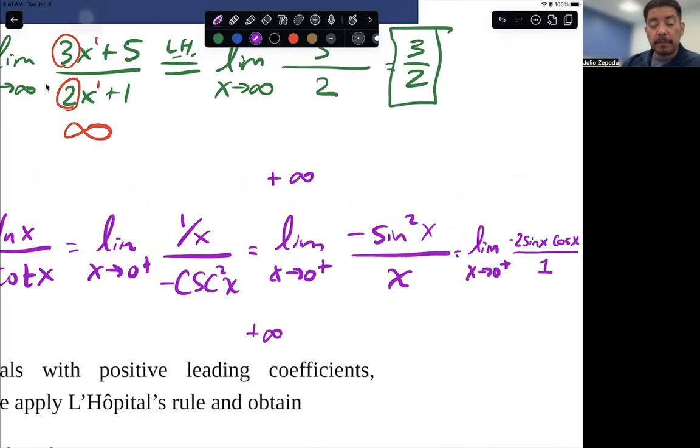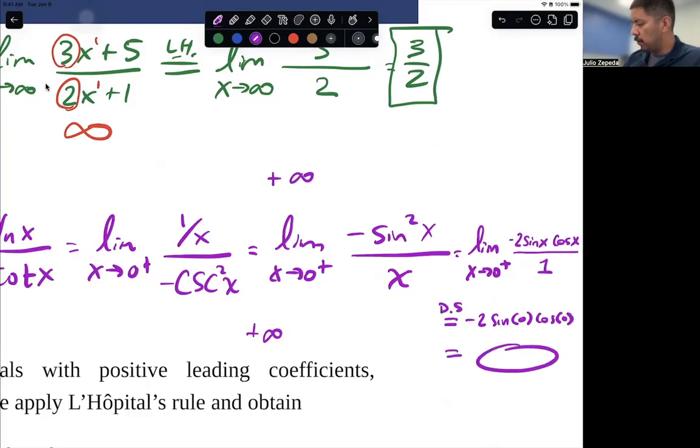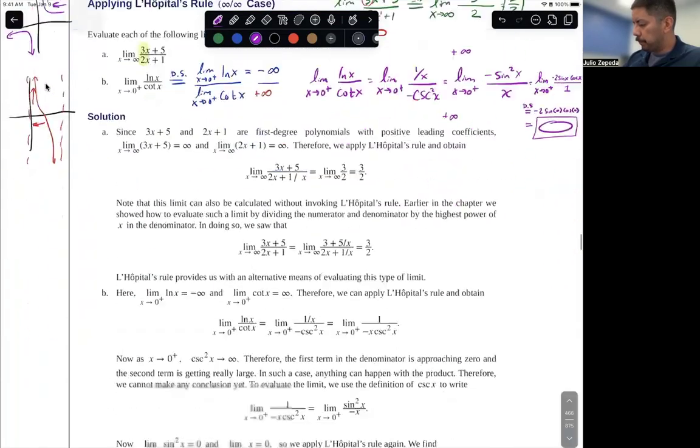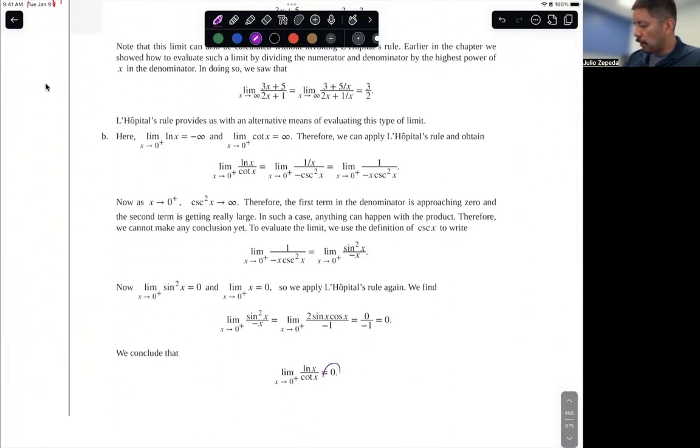That's really nice, the denominator is just 1 now. So with direct substitution, we get negative 2 times the sine of 0, cosine of 0. The sine of 0 is 0, so this whole thing is going to be 0. All right, so that original limit is equal to 0. Cool.